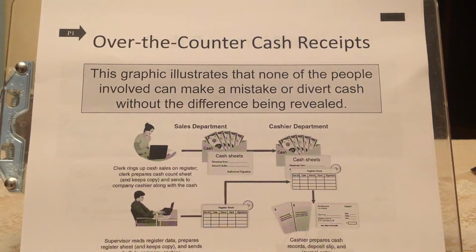The supervisor reads the register data, prepares a register sheet, keeps a copy, and sends both to the company cashier. So you see the supervisor does not have anything to do with how much cash was in the drawer or the credits, but they come up with how much should have been there. The cashier's department puts all the cash in, and then the two get matched to make sure that they agree. The cashier prepares the cash records, the deposit slip, and the journal entry.